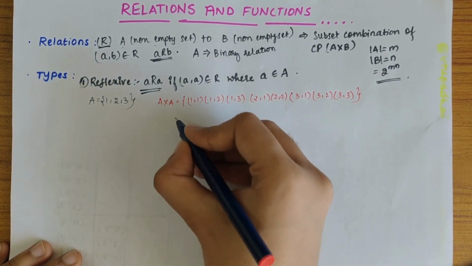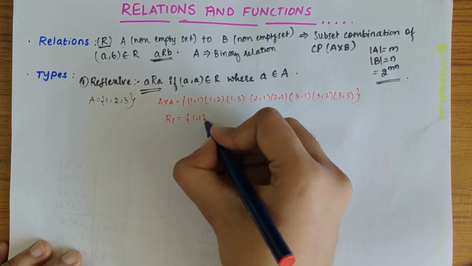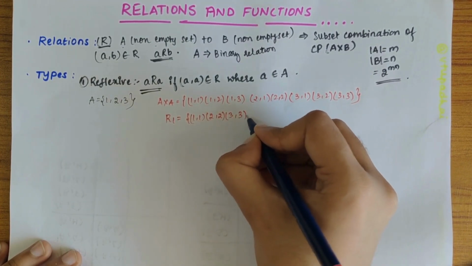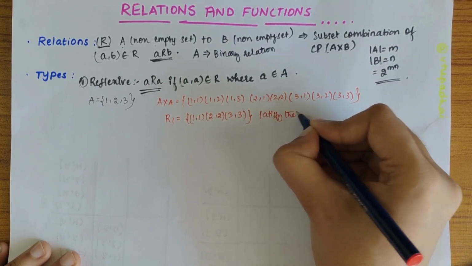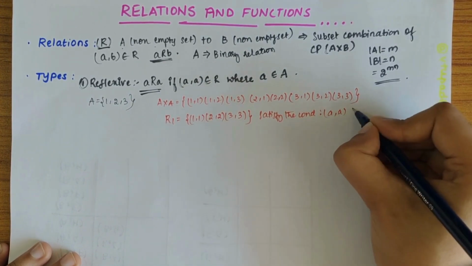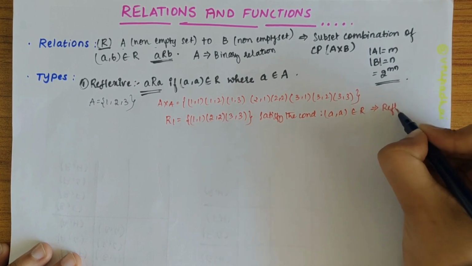Here we can write R1 is equal to {(1,1), (2,2), (3,3)}, which satisfies the condition that (a, a) belongs to R. Thus this is a reflexive relation.